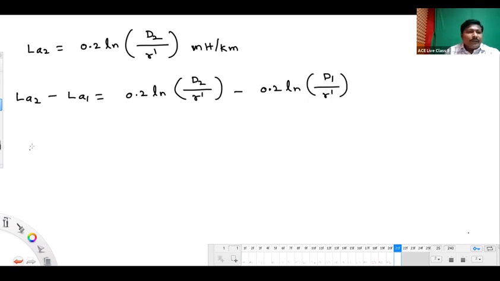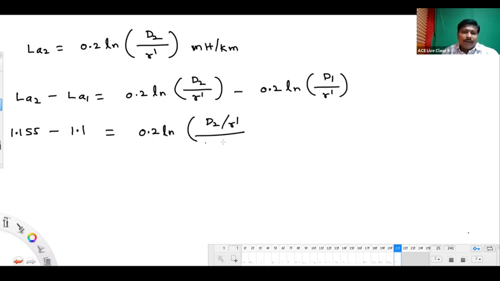So LA2 number is 1.155 minus LA1 number 1.1. That is equal to, taking this resultant, 0.2 ln of D2 by R dash over D1 by R dash. R dash will be cancelled out.